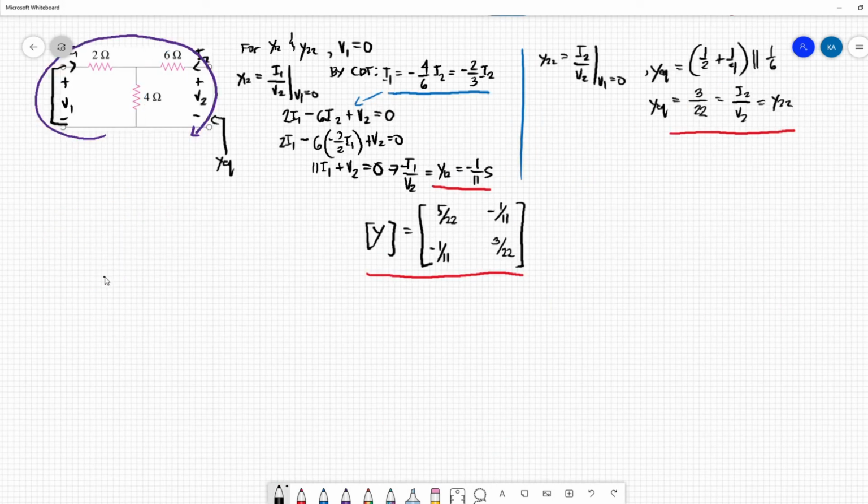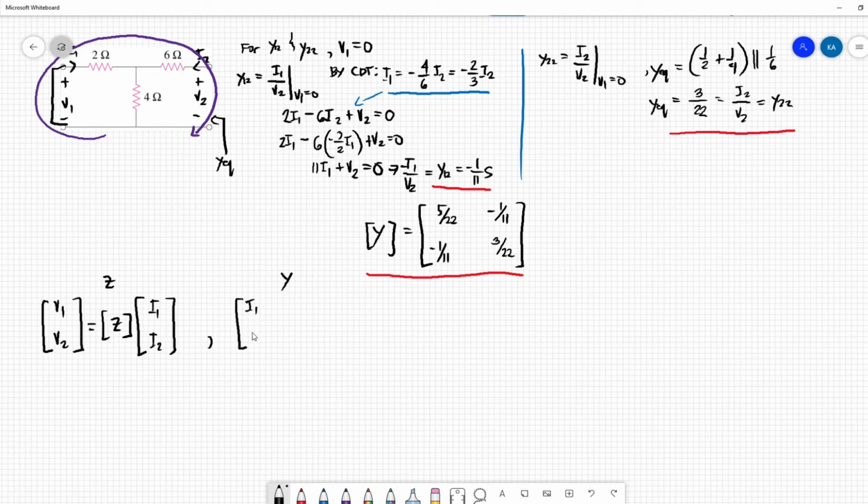Now, looking at the Z parameters, our dependent variables are V1 and V2, equal to the Z parameters times I1 and I2. For our Y parameters, our dependent variables are I1 and I2, which is equal to the Y parameters times V1, V2.